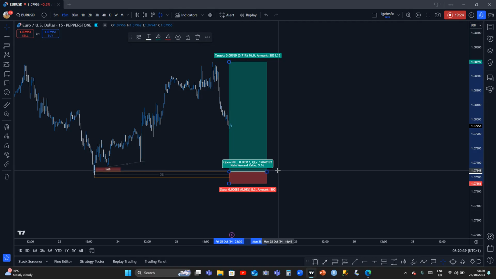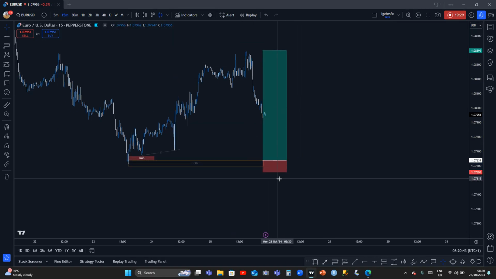So at this point, I'm now waiting for price to come down. Once price gets to this point, it will tap me in, clear this, take this liquidity, fill this imbalance, interact with this order block, then I will join the big boys to push the price to the upside.